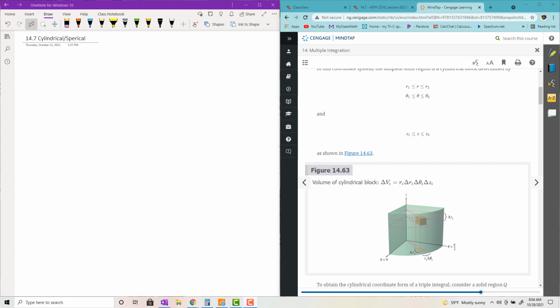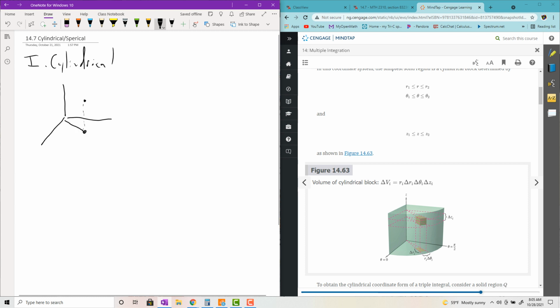Okay, hey, welcome back. This is triple integrals in cylindrical and spherical coordinates. So first cylindrical, and of course cylindrical is basically just polar coordinates plus a z-axis. Okay, so in the xyz plane, we can describe a point in space using firstly an r theta point in the xy plane.